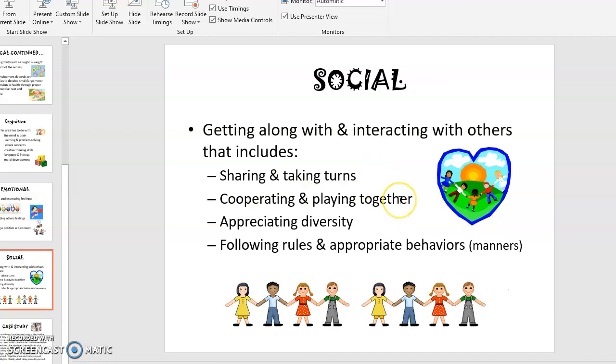Cooperating and playing together makes us happy. Having friends then impacts self-esteem or self-concept. So lots of times you'll see them together. We are breaking them up separately in this class so that you can really focus on each one of the domains so that you understand exactly what milestones we're looking for.